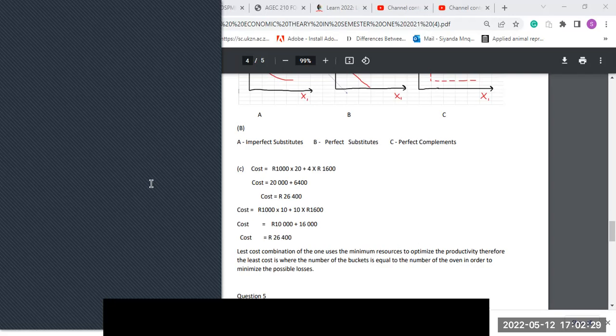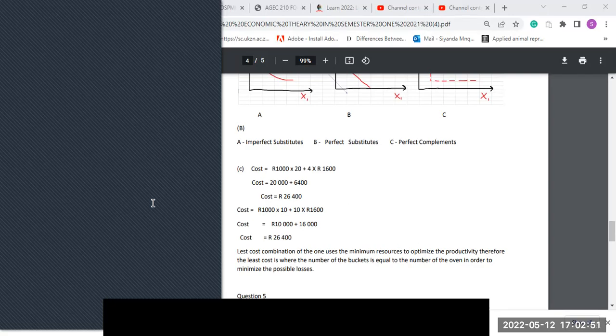So we really want to find the cost. Remember that 1,000 came from what exactly? The assumption is that the cost to rent, operate, and maintain an industrial oven for a month is 1,000, right?